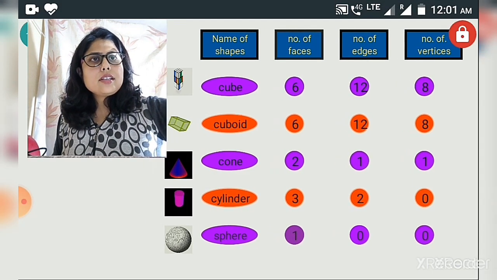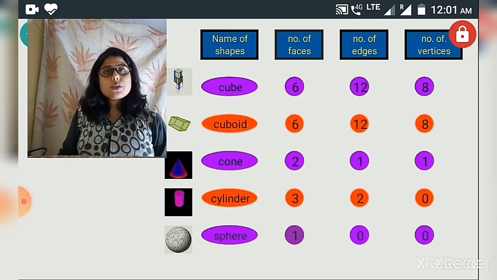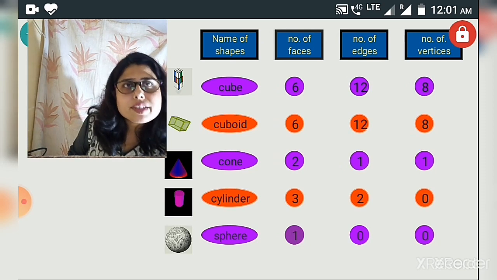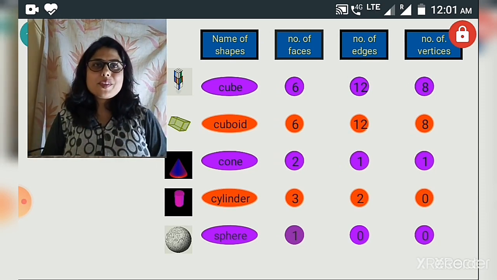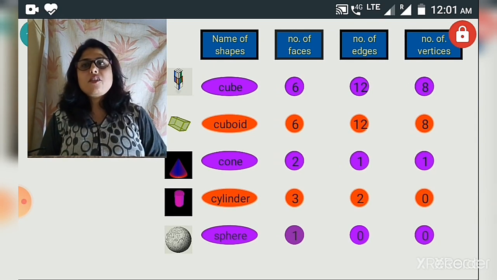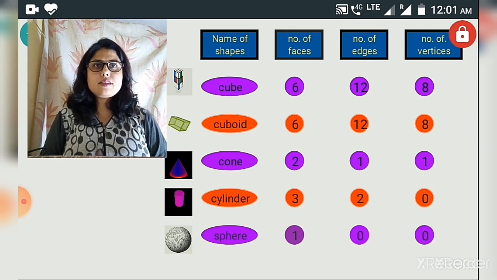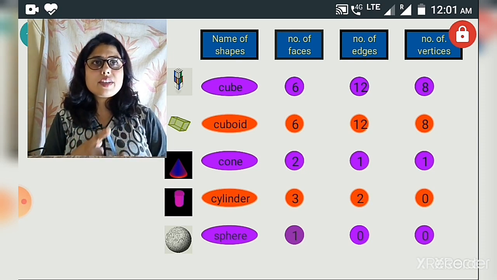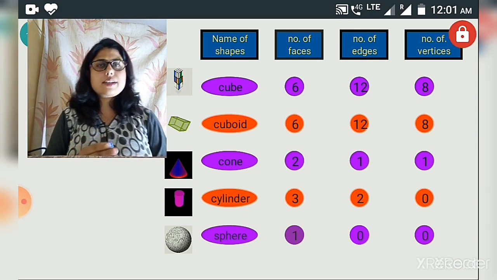Let's take a small, quick revision so that you can understand it very easily. As you can see here, I made this chart for you: name of shape, number of faces, number of edges, and number of vertices. The first shape is the cube. Cube has 6 faces, 12 edges, and 8 vertices, as it is written here.